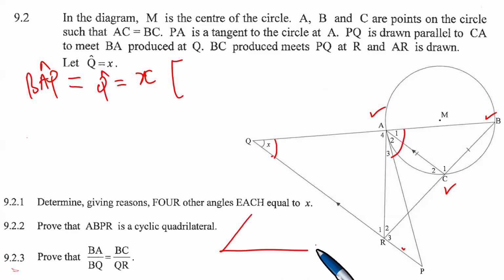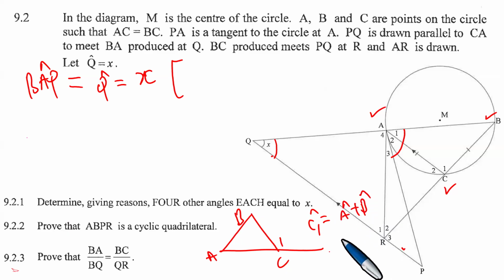From grade 10, if you have triangle C, A, B, then C1 is A plus B, and this is the exterior angle of the triangle.